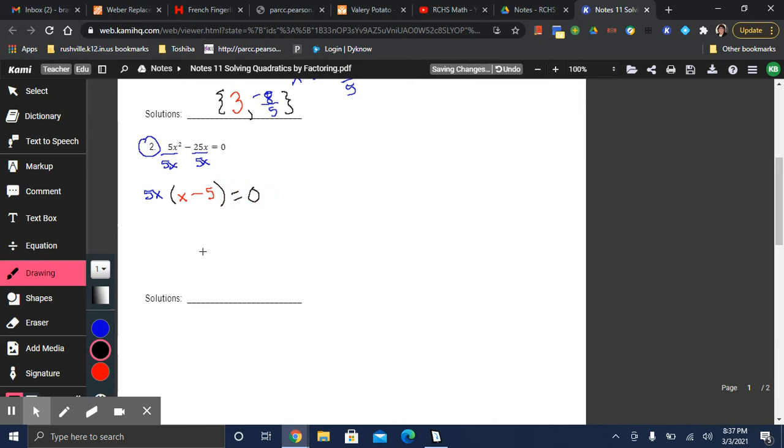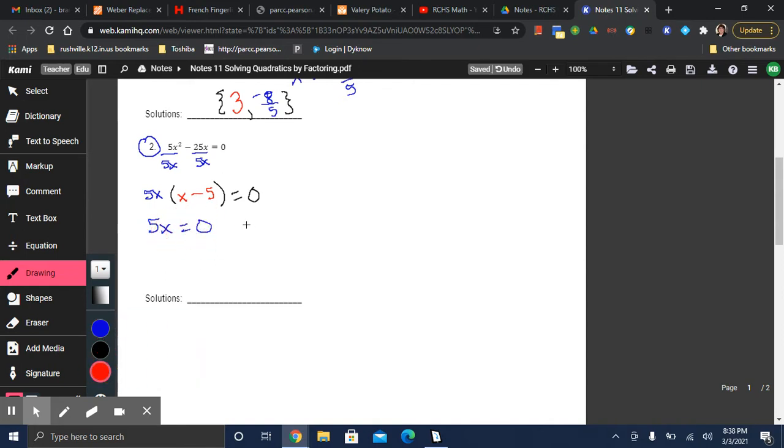Now, we said that we want to set each factor equal to 0. And usually those factors are seen with parentheses. But in this problem, this 5x doesn't have a parentheses, but it is a factor that multiplies and is a possibility to equal 0. So I want to set 5x equal to 0.